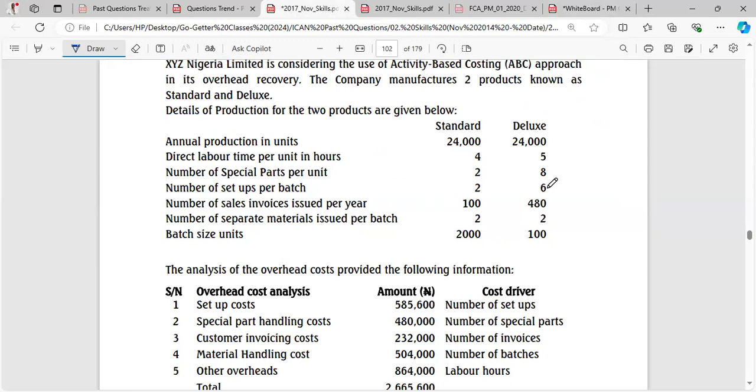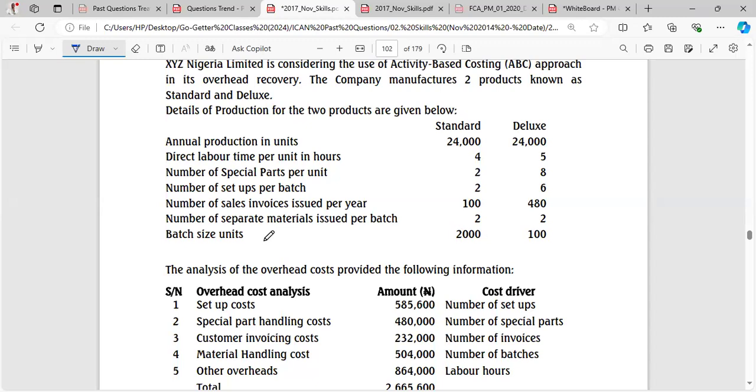How many batches do we have? Now, if you think that this batch size is the number of batches we have, you are wrong. Let me explain what these batch size units are. This batch size unit means how many units are in one batch.